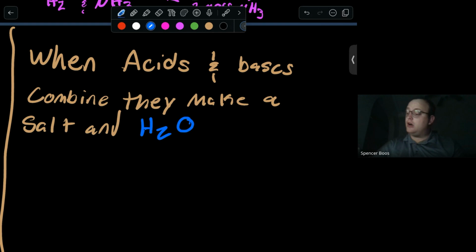Neutralization reactions are also examples of double replacement reactions.